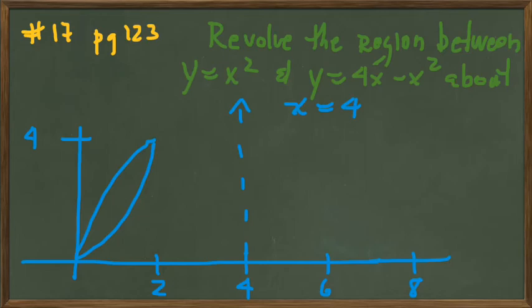So when we do that and revolve it 180 degrees, we get this portion over here, right? So when we revolve that about, we get a figure that looks like this.